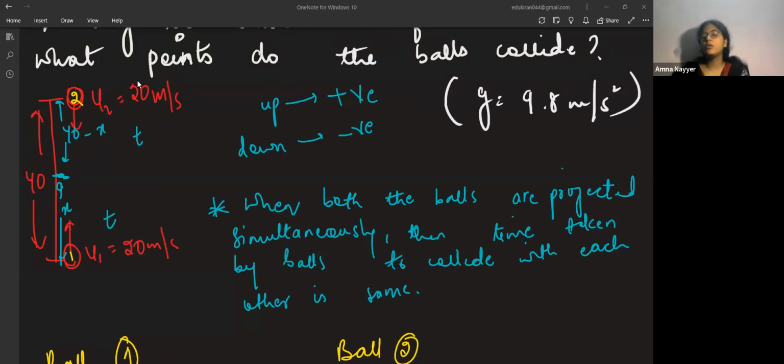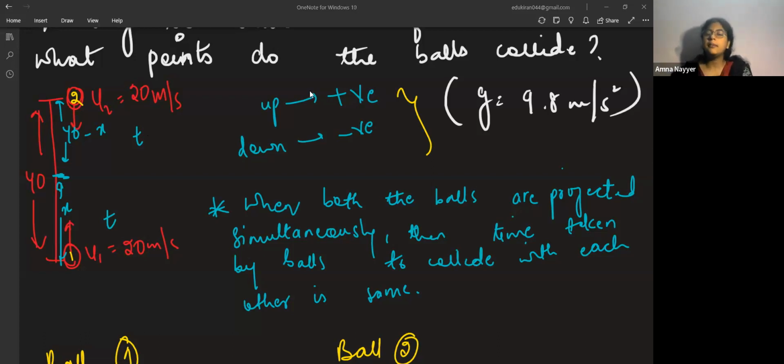Magnitude is given. I want to know, according to this sign convention which I have chosen, what should I write for you two? Minus 20 meter per second.